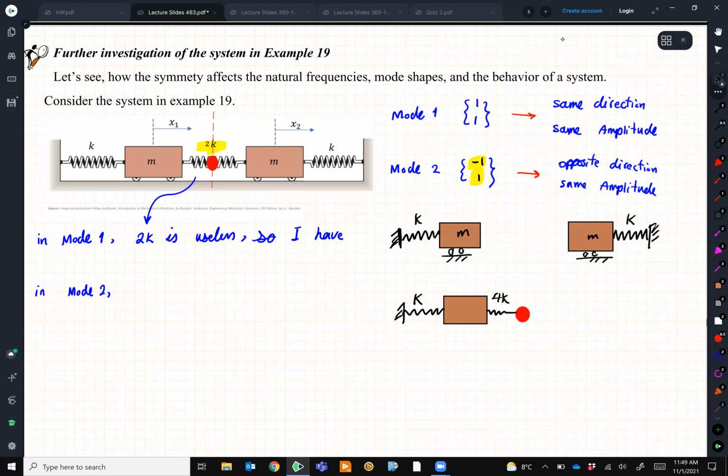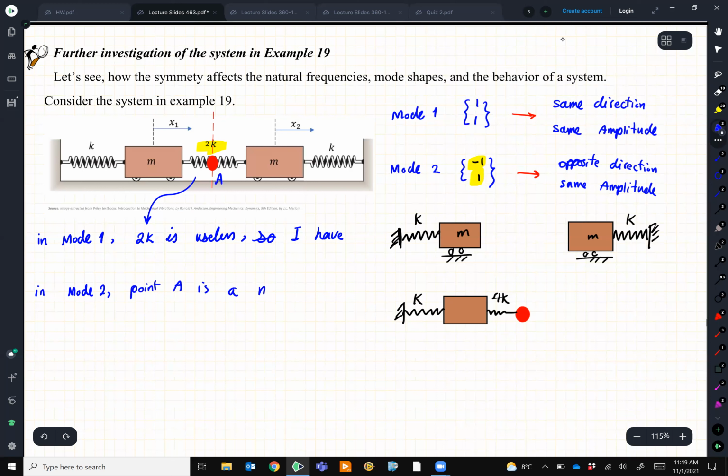So it is 4K. So that's my mode 2. And let's call that point A. Point A is a node, or some people call it a knot, but node is the correct terminology. A node is a point with no displacement.